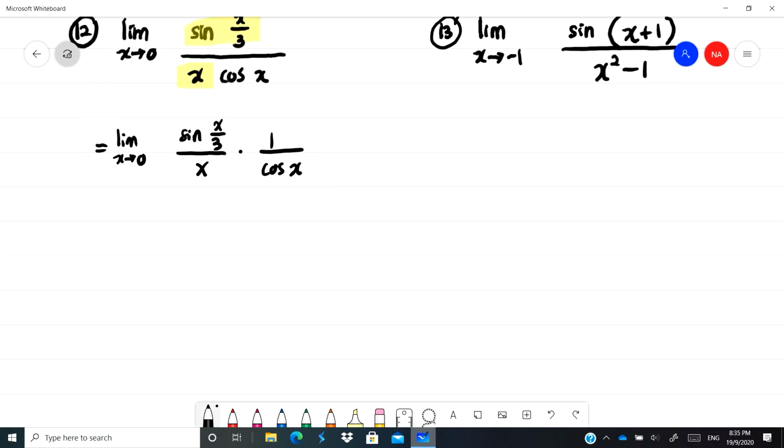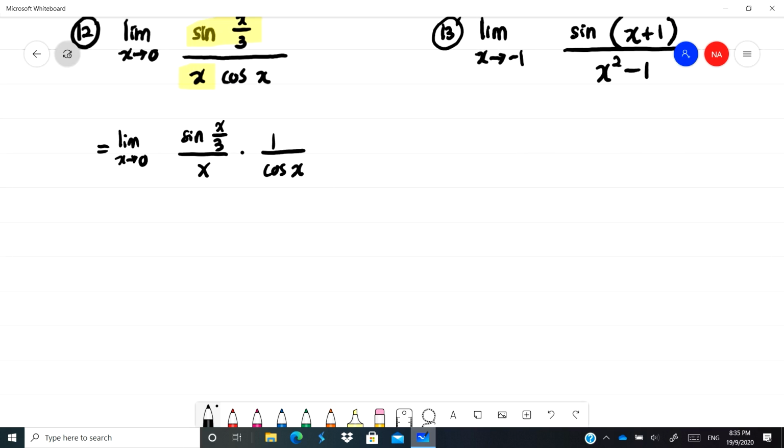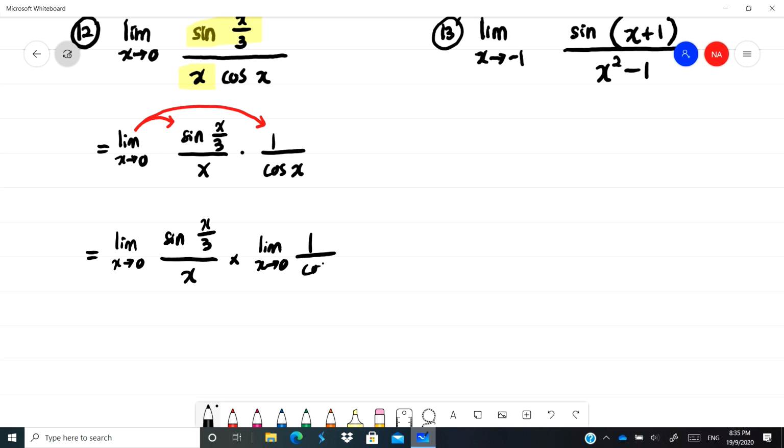Next, I want to distribute this limit into these two functions first. So we'll have the limit as x approaching 0 of sine of x over 3 over x multiplied by the limit as x approaching 0 of 1 over cos x.